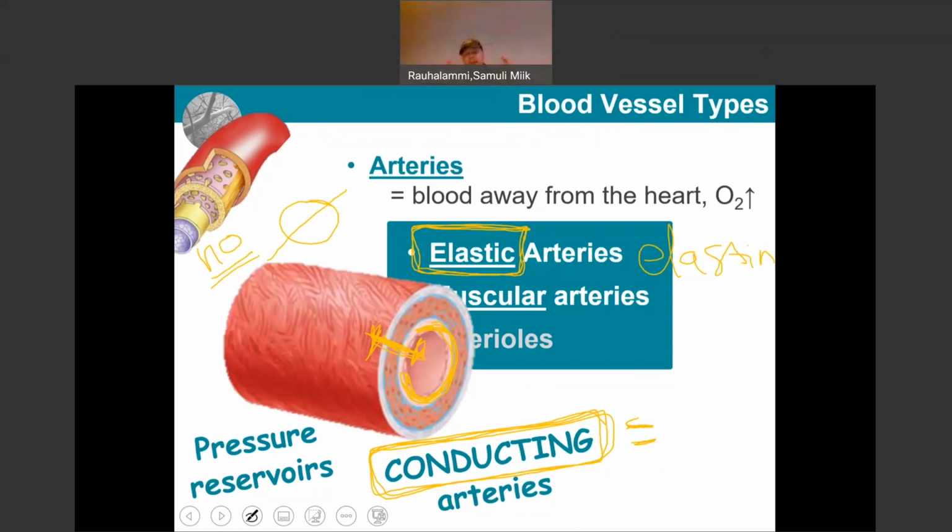So they're not able to really systematically change their diameter in response to body needs. So they always just facilitate the flow of the blood. So they conduct the blood. They don't do much of a choosing or controlling where that blood goes and in how great amounts.